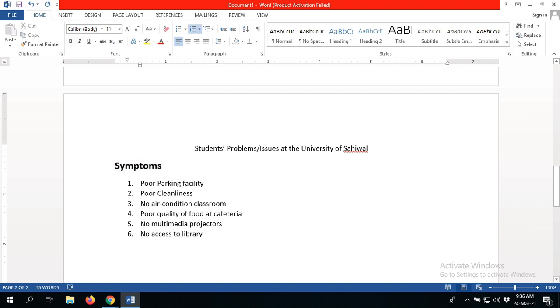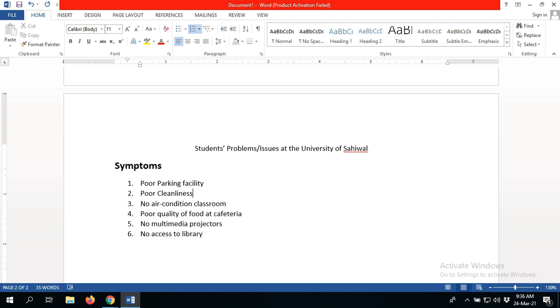Whenever we are conducting research, firstly we need to know what our problem is, what we want to know, and then you need to find the most relevant people who will be able to highlight the problems and symptoms.